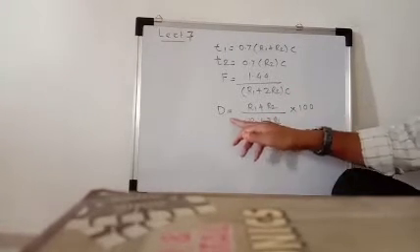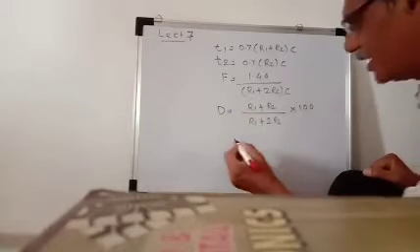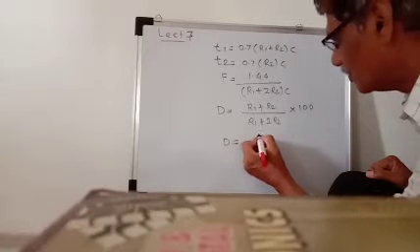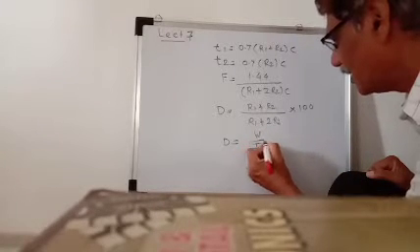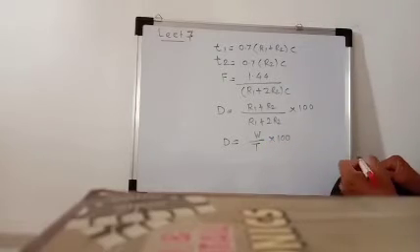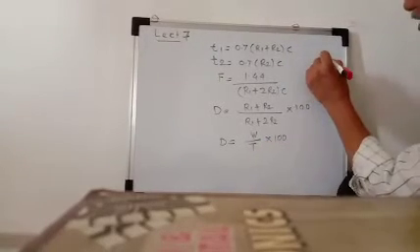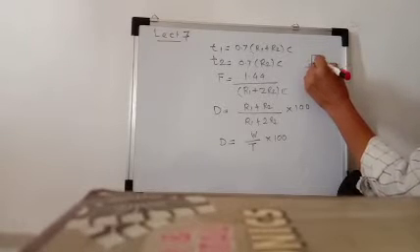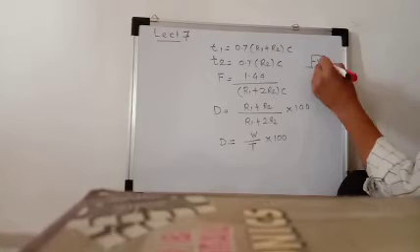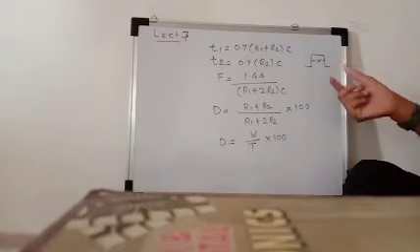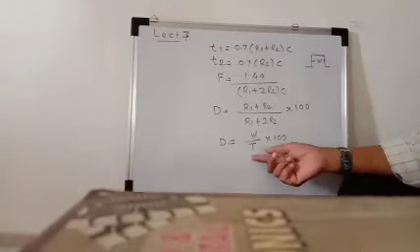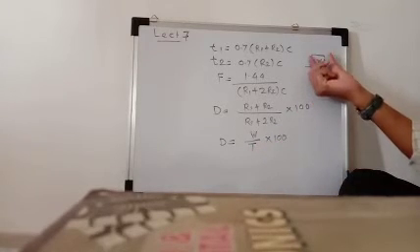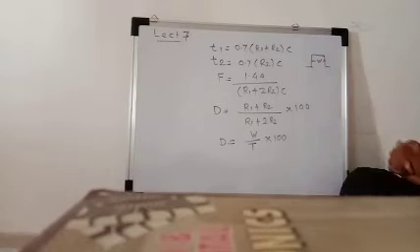This is the theoretical equation of duty cycle, and practically the duty cycle can be calculated by using the equation D is equal to W upon T into 100, where W is the pulse width, that is T on or the charging time of the capacitor.